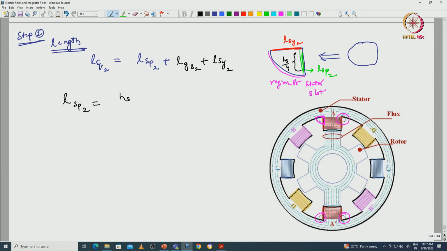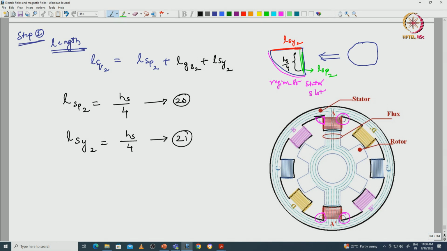So, only a 1/4 portion of this leakage flux is flowing. I am assuming this, equation number 20, and the length of the flux path in the stator yoke is again hs by 4, I am assuming, with respect to the quadrature of the circle, right angle based.